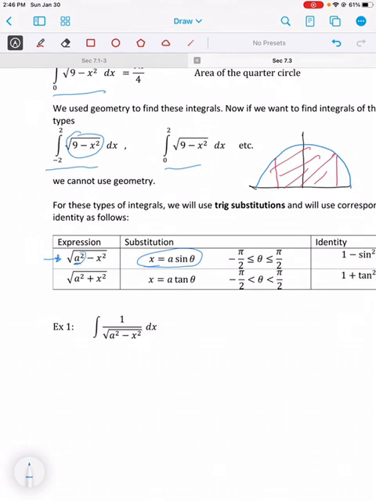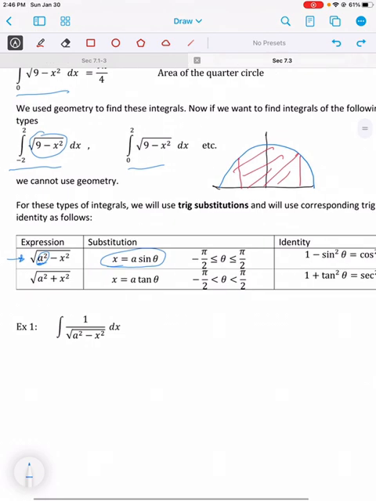Note a is the square root of the quantity over here. So if in your example you have 3 minus x squared, remember a squared is 3, so a will be square root of 3. We'll take the positive value here. This is how you will be substituting, and then we will be using the identity 1 minus sine squared theta equals cosine squared theta for the first case.